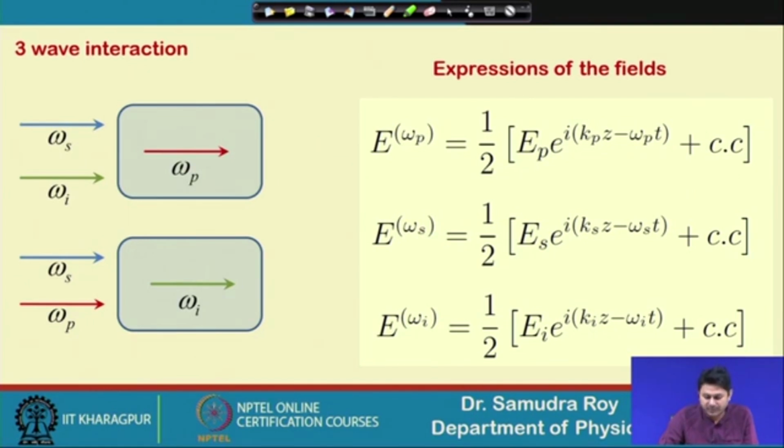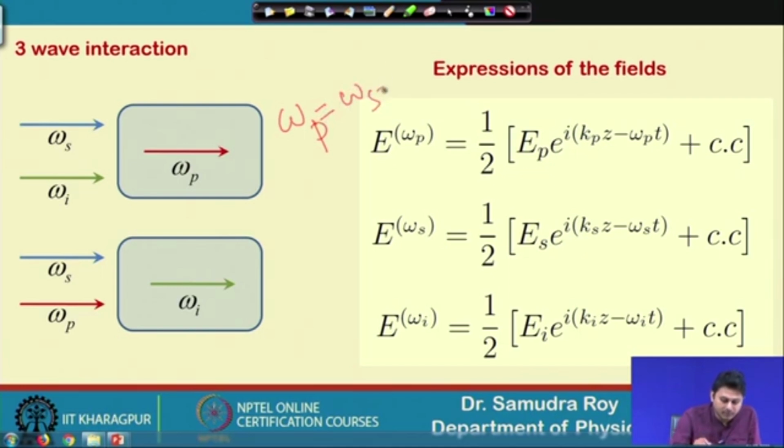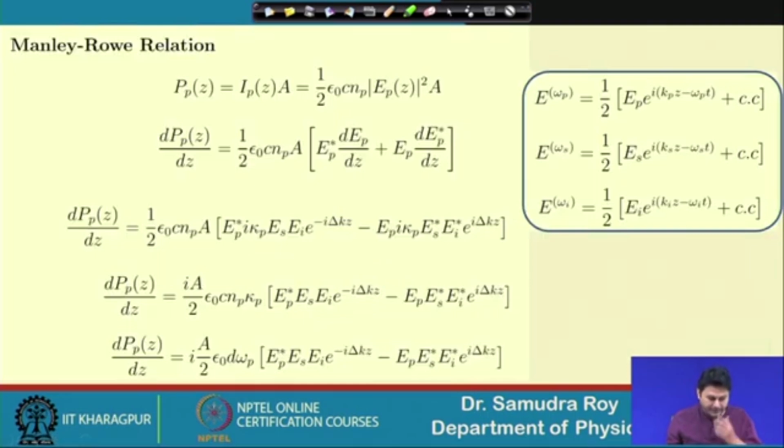They are related by omega p equals omega s plus omega i as usual. This equation is always valid. It is our fundamental equation, and based on it we will do all the treatment.